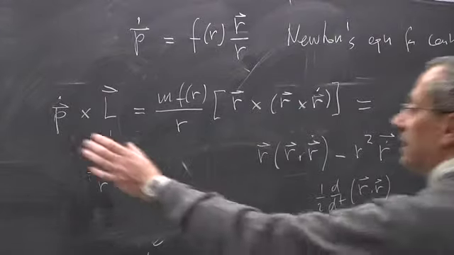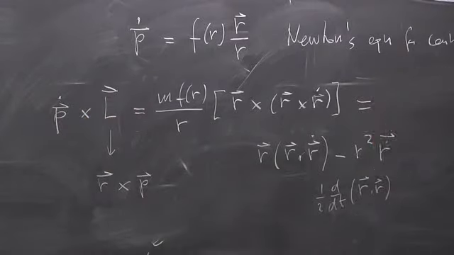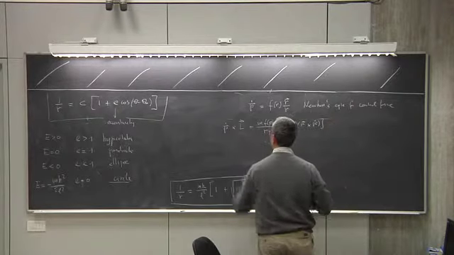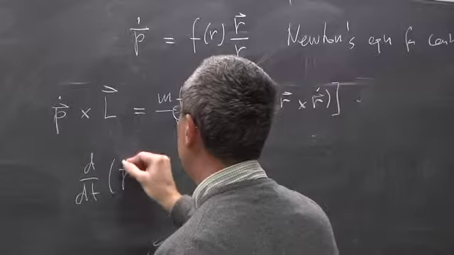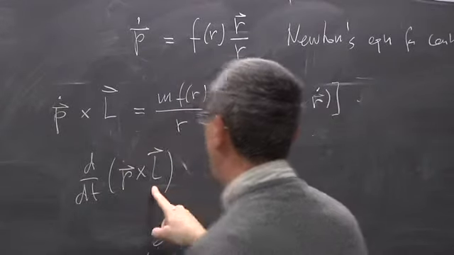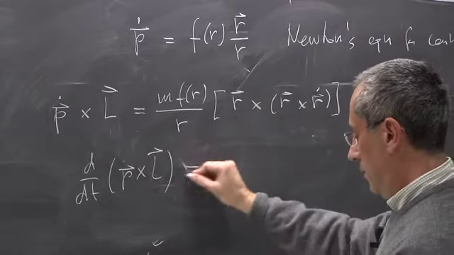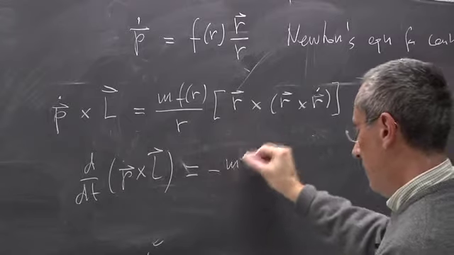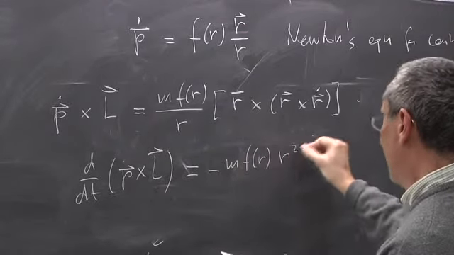So now I want to take the time derivative of this quantity. So dt of P cross L, now L is a constant, so I only need to take the time derivative, so minus m f r, r square. Let me write it this way.